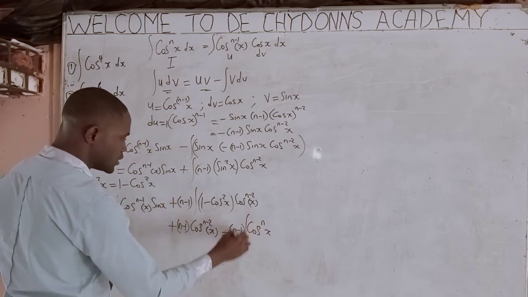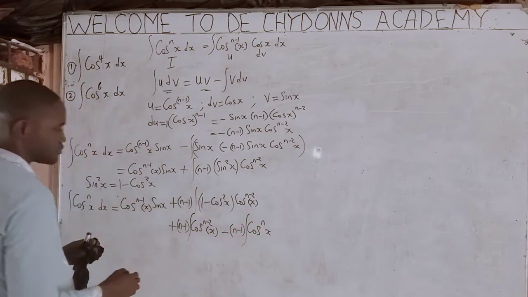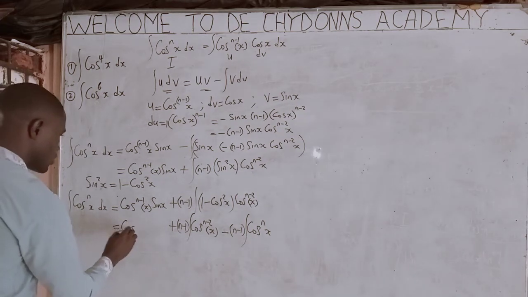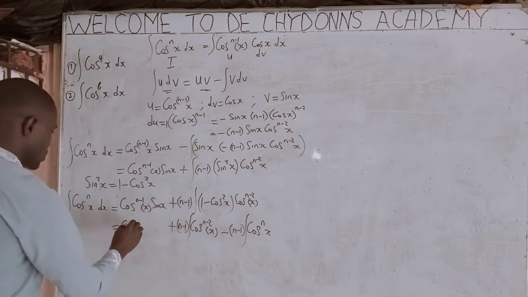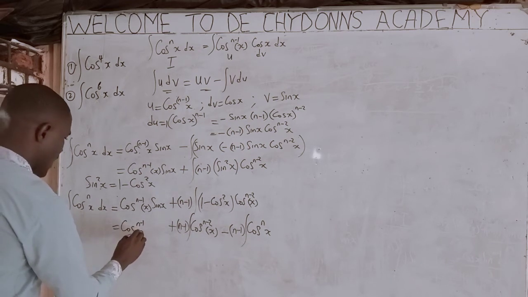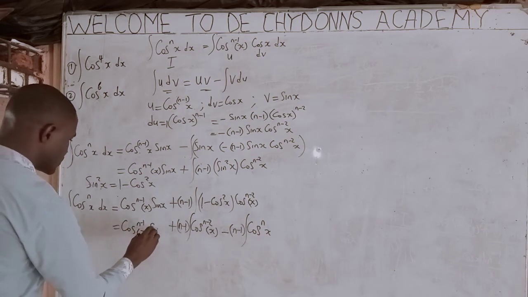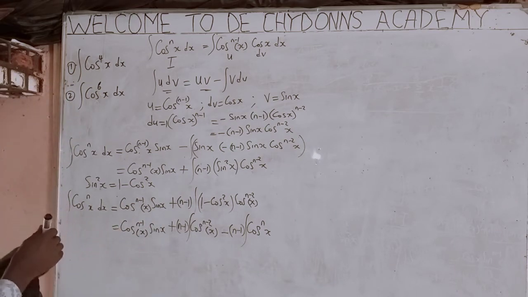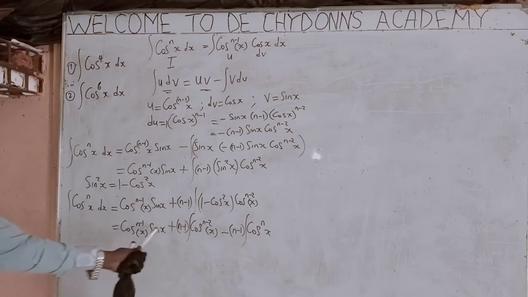So you put your integration symbols. Then equals cos n minus 1 x sin x. So that is for this.